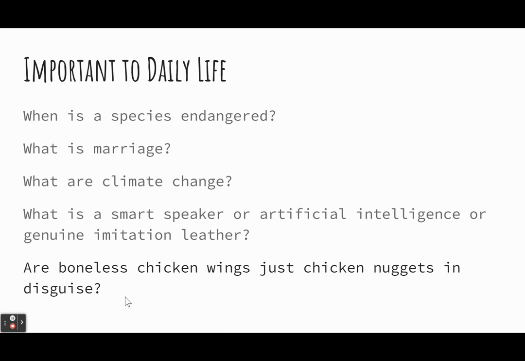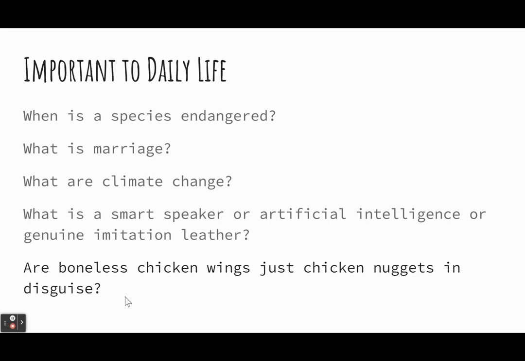We're arguing about what is climate change, what are the conditions, what constitutes it. We've spent a lot of the past year talking about artificial intelligence and AI generated work, but we've had that for 10, 12 years with smart speakers. And if we want to go back even further, when I was a kid, we had genuine imitation leather.